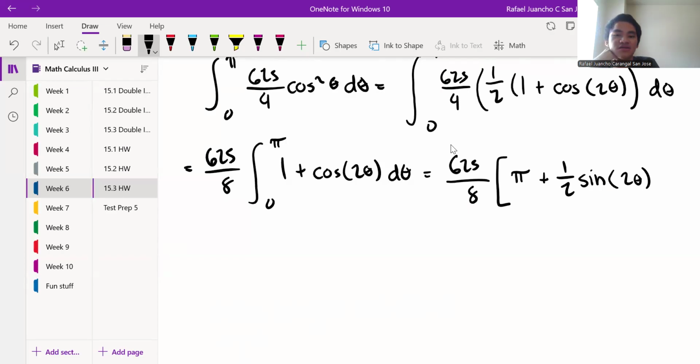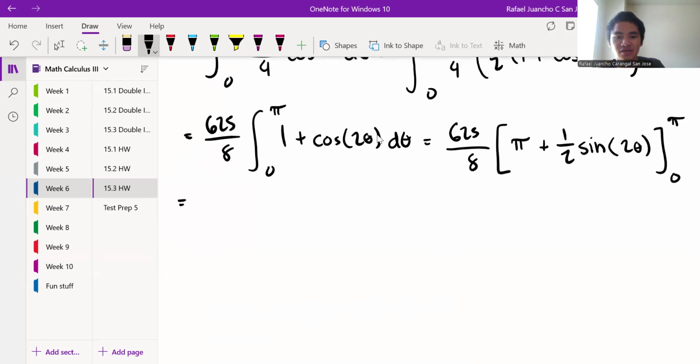If I take the derivative of that, I would get this. Then I evaluate that from 0 to pi. So here I would get 2 pi is 0. That's just nothing. And then this is 0 anyway. This is pi plus 0 minus pi plus 0.